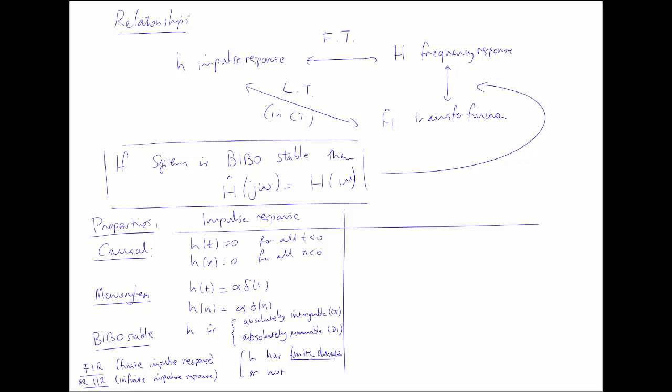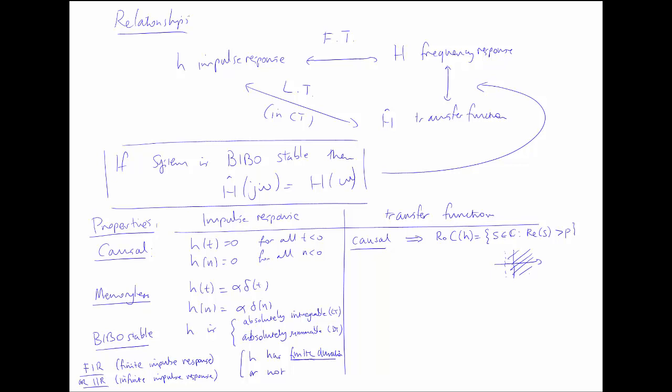These are some properties that we can directly see from the impulse response. In the continuous time case, we can also see some relationships to the transfer function. If a system is causal, then the region of convergence is a region to the right of some vertical line in the complex plane.